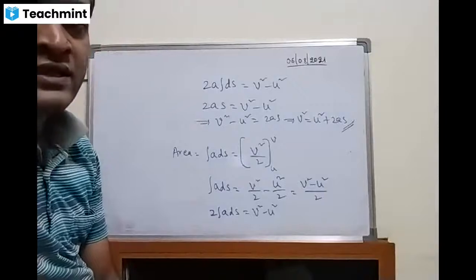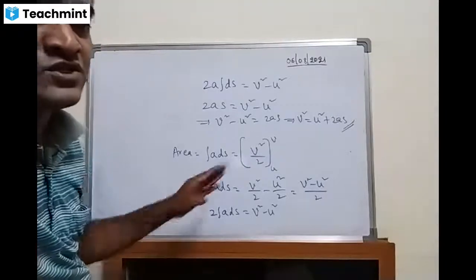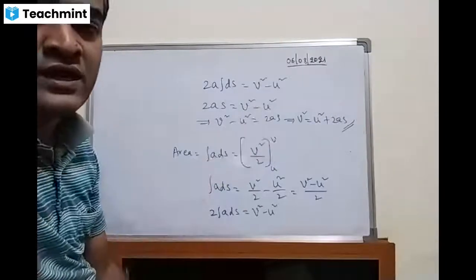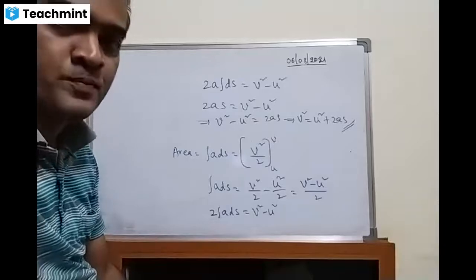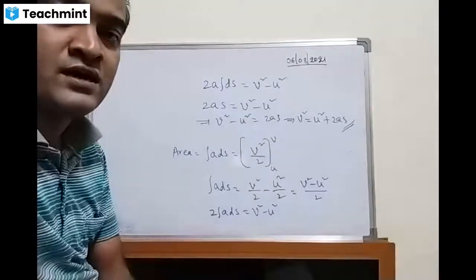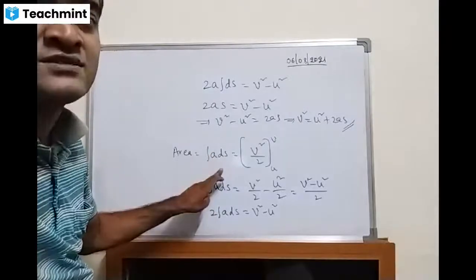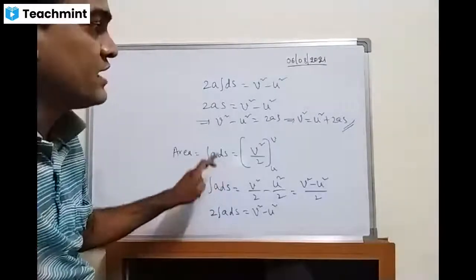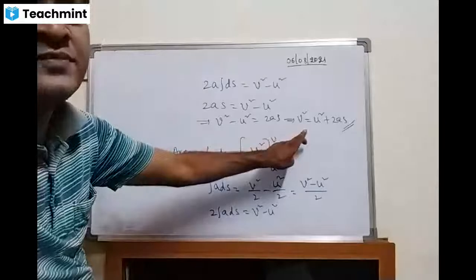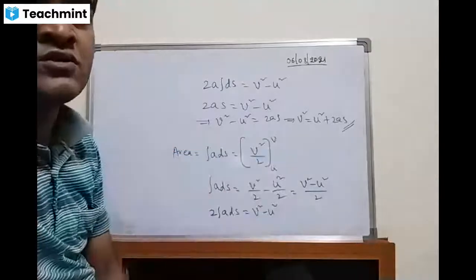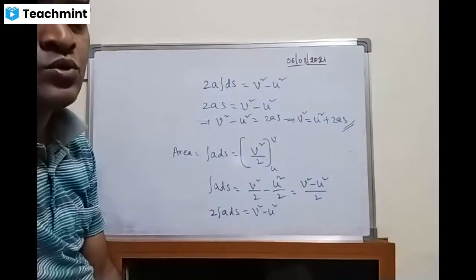So for the a-s graph, if I take a straight line, I don't have any significance for the slope, but I can find the area. The area is nothing but the integral of a ds. This has significance. Finally, the formula we achieved is v square is equal to u square plus 2as.